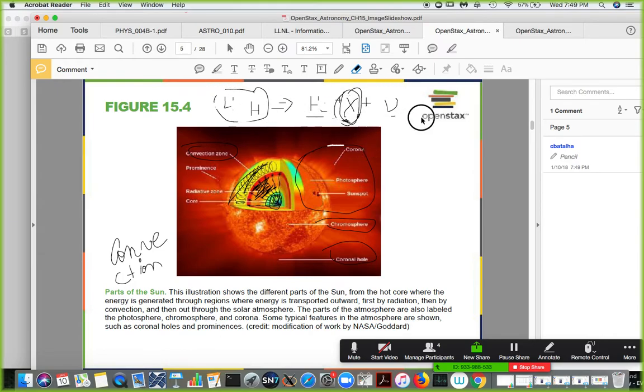So those are the three main contents of the solar interior part and the exterior part, the atmosphere.